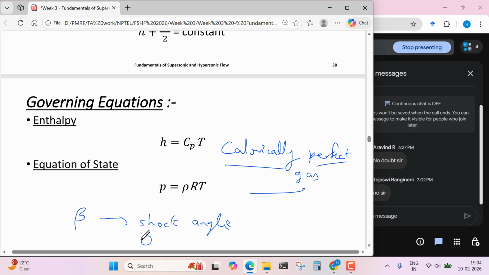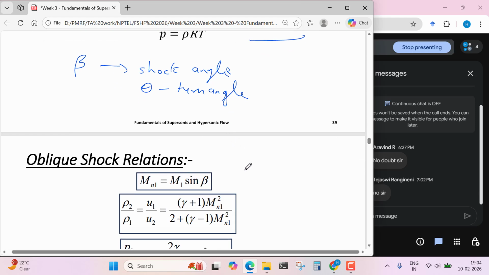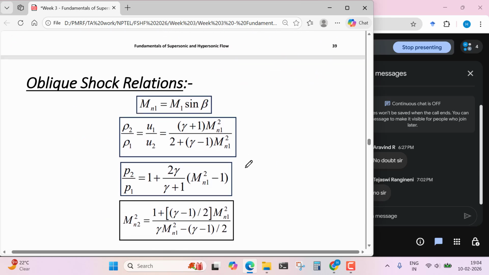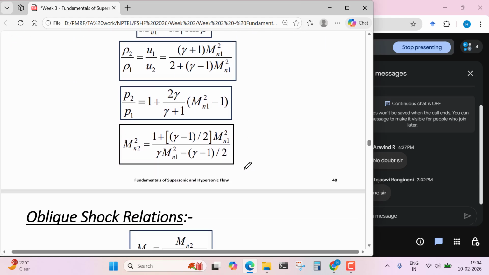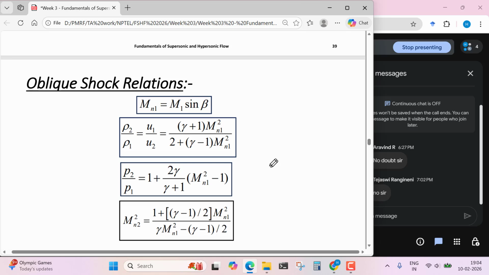We know the turn angle θ because it will depend on the wedge, but β we don't know. So we need one more equation to find β. We will see the equation for β, but let's say we have found β.